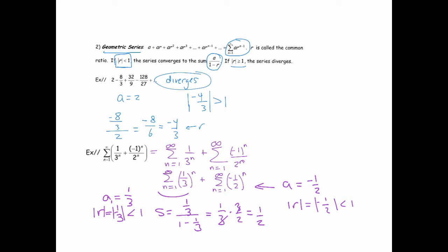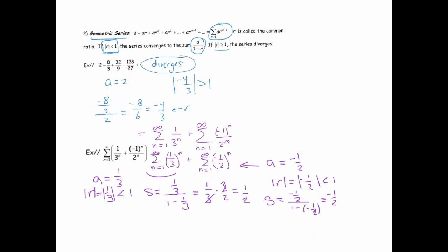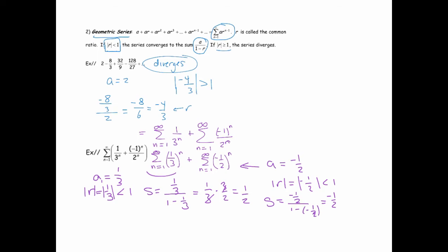So that must mean its sum is equal to the first term over 1 minus the r value, which is -1/2 divided by 1 plus a half, which is 3/2, which is -1/2 times 2/3, which is -a third.